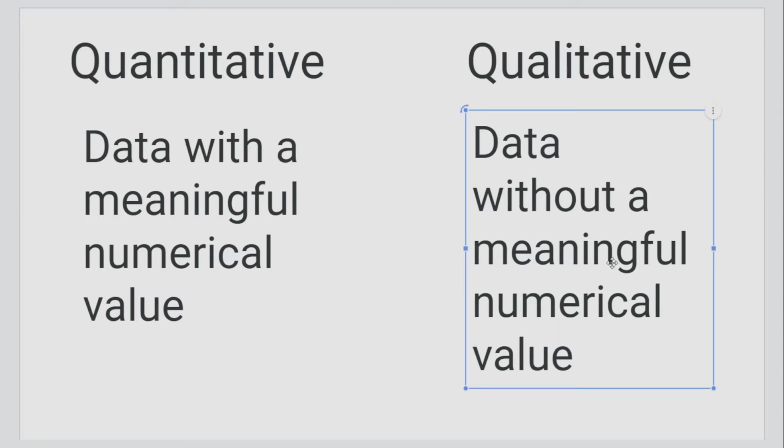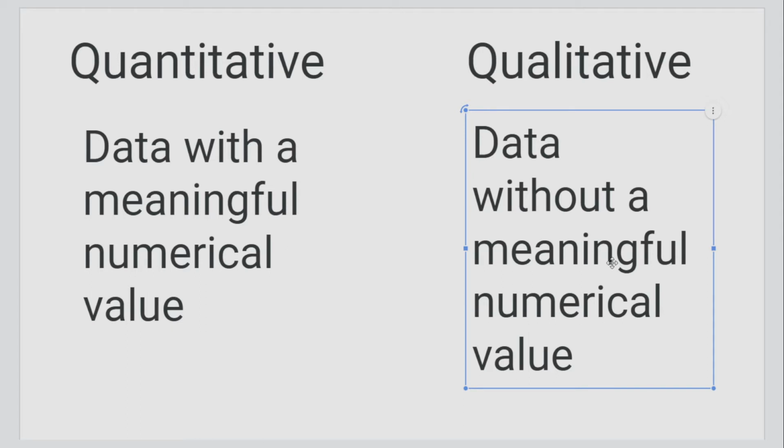So some examples would be, for example, phone numbers, right? Phone numbers are numbers, but the numbers don't really have any meaningful numerical value. I can't add or subtract phone numbers to get a result that would mean something.